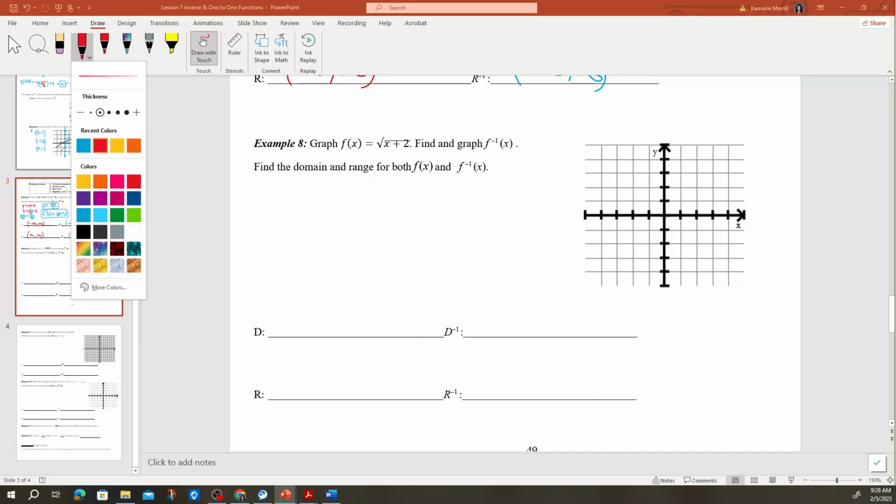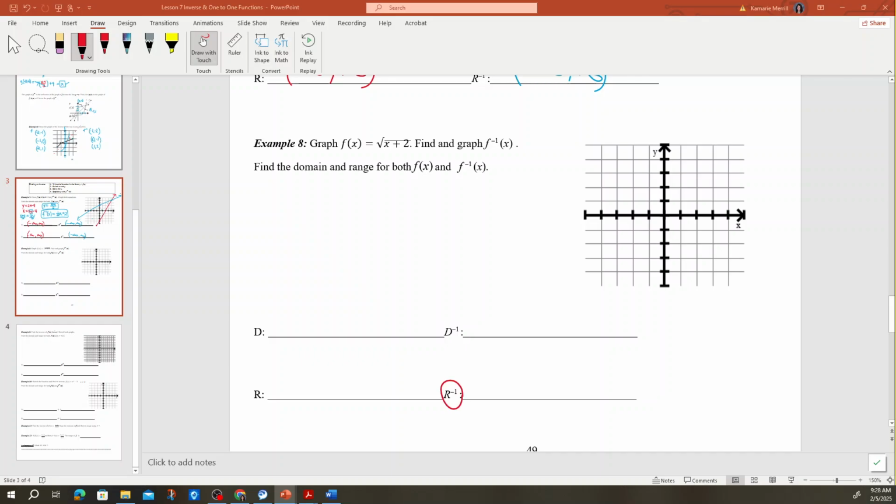So a test question might give you a function, and then it might say, hey, what's the range of f inverse? And how do I find it? The range of f inverse matches with what? The domain of the original f, right? So let's go ahead and calculate the original domain.